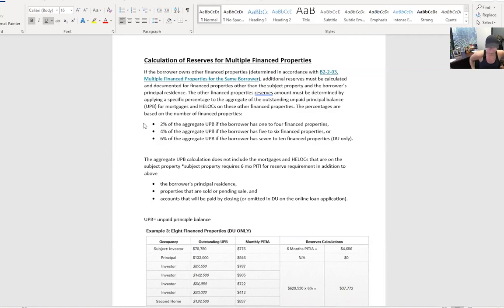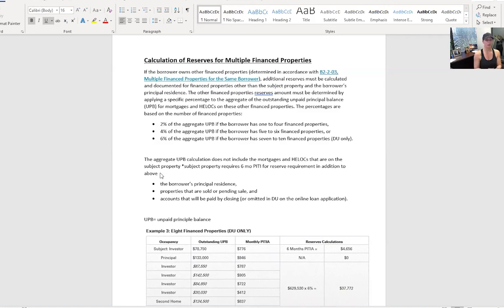Okay, real quick, and it says this within the context of this page, but if you're just focusing on me, the primary residence where you're going to live, although it will not count as part of the actual formula or calculation, the dollar amount of reserves that you have to show or satisfy, it will count as the number of finance properties.